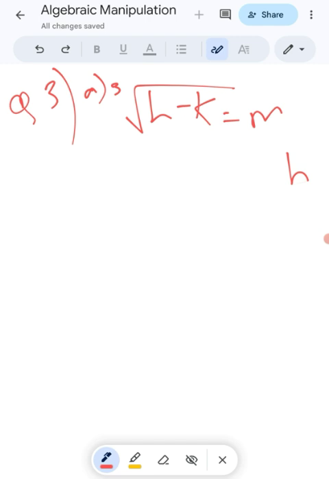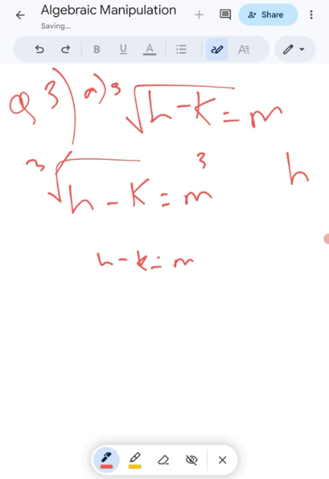So this means h minus k was already there, right? And when I'm removing a cube root, I always put a cube on the other side, so that becomes m cube. Now h minus k is equal to m cube, and as h had to be made the subject, this minus k goes to the other side, so h is equal to m cube plus k is going to be your answer.